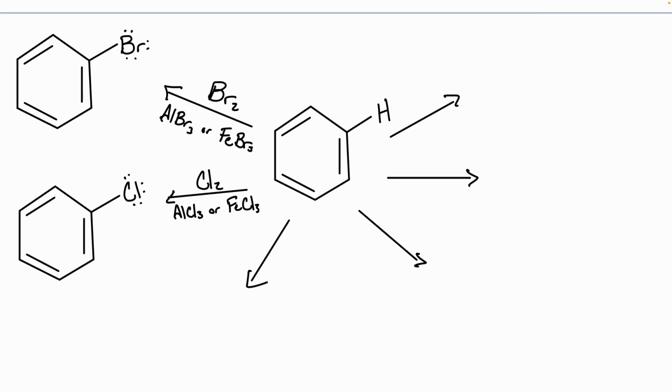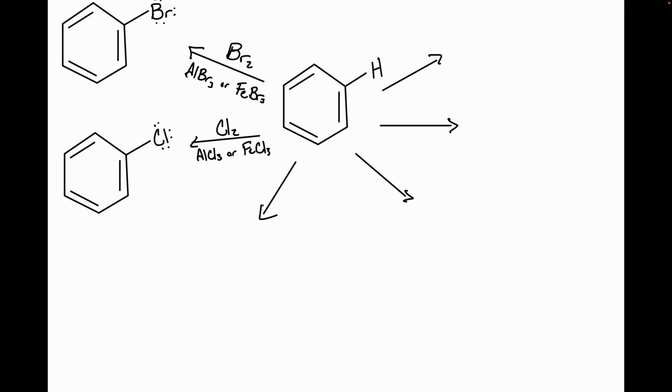All right, so we can add a halogen to our ring, or rather substitute a hydrogen for a halogen on our ring using these two reactions here. These are called halogenation reactions. We're going to look a little bit more closely at them.